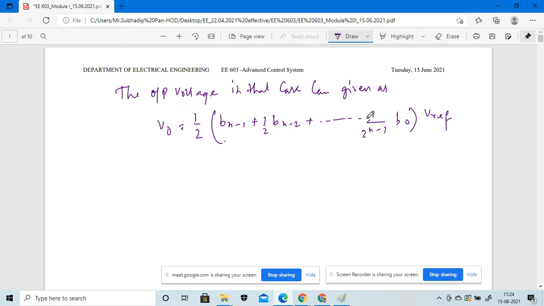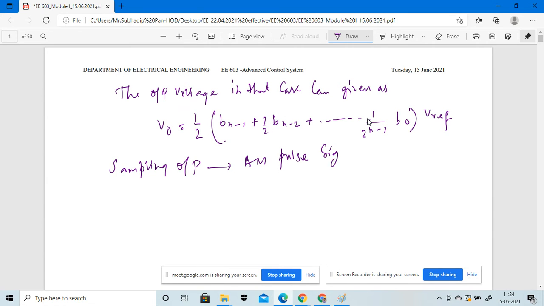Whenever we have a sampling operation, it will produce an amplitude modulated pulse signal. So my sampling operation should produce an amplitude modulation pulse signal, because we are using the clock pulse.